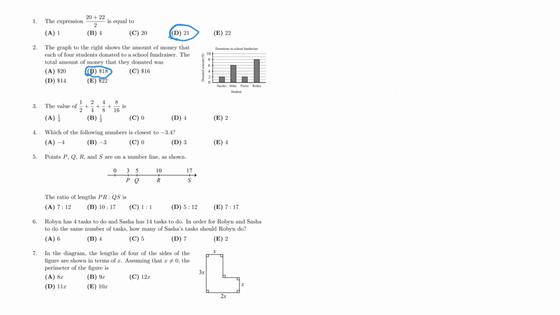Number 3. The value of 1 over 2 plus 2 over 4 plus 4 over 8 plus 8 over 16 is... 2 over 4, cancel 2, that's 1 over 2. 4 over 8, cancel 4, that's 1 over 2. 8 over 16, cancel 8, that's 1 over 2.